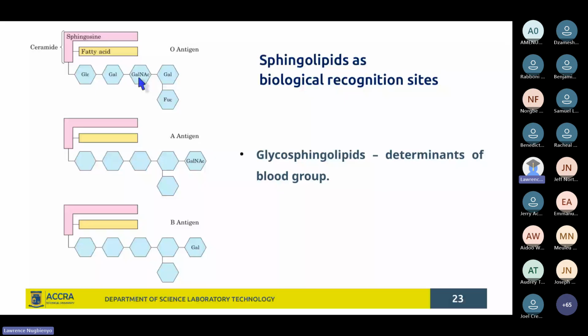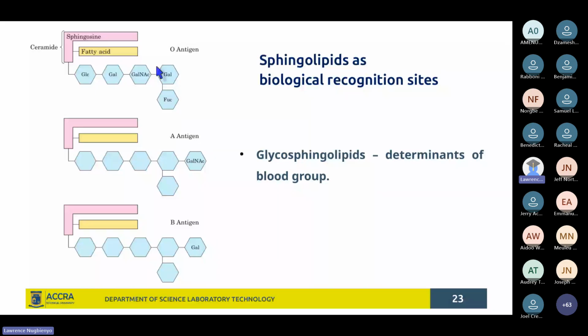Now, what you notice is that the oligosaccharide in the O antigen is constant in all the other blood groups, except that for the A antigen, there is an extra N-acetyl galactosamine bound on that. Then persons with the B antigen have galactose bound onto that oligosaccharide, which is present for the O group.